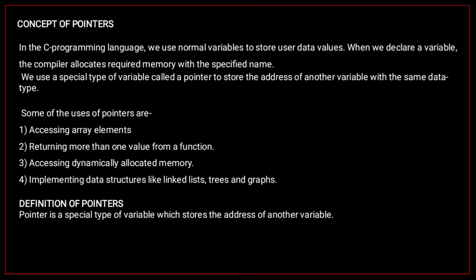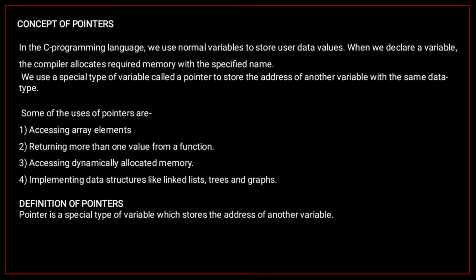A pointer in C programming is used to allocate memory dynamically, that is at runtime. The use of pointers makes the code more efficient and compact. Now, some of the uses of pointers. First, accessing array elements.